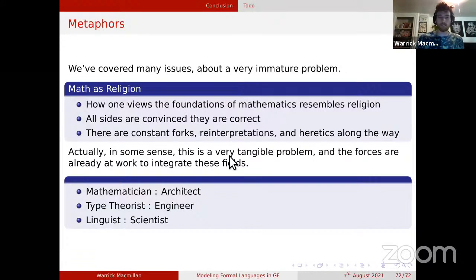And instead of viewing this as religions where everyone's out to convert the world and out-compete each other in converting the world, maybe we should just see the mathematician as the architect, where they have the aesthetic, the specification. They're dealing with what the end user of a building is actually going to see, let's say a structural architect. And then the structural engineer is the type theorist who actually implements the details of that blueprint that the architect gives them.